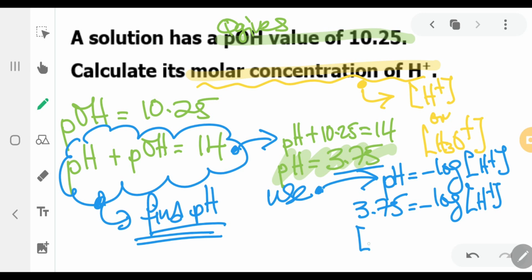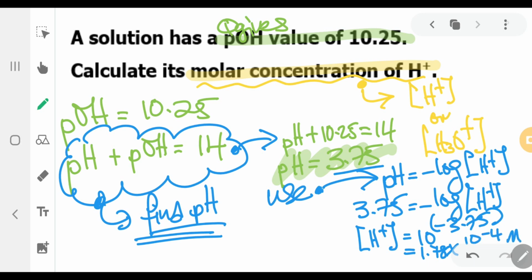Okay, so you can do that with your calculator. So the concentration of H+ is, when you click that, you can have inverse log negative 3.75. So the concentration should be 1.78 times 10 to the power of negative 4 molar.